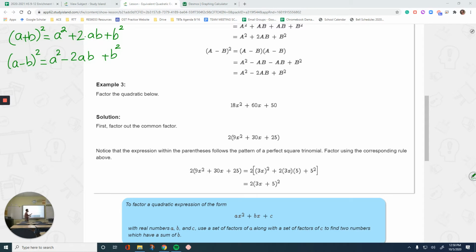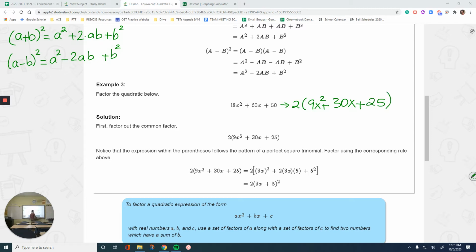So once I realize that if I divide all these by 2, which means factor the 2 out, then 18 becomes 9 because 18 over 2 is 9. Keep the x squared the same. So 60 divided by 2 gives you 30. That's your new number in the middle. Keep the x. Plus 50 over 2 is 25.